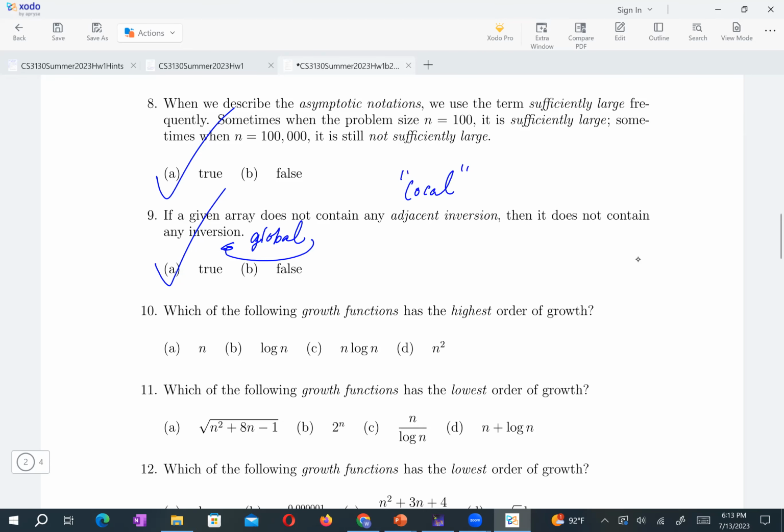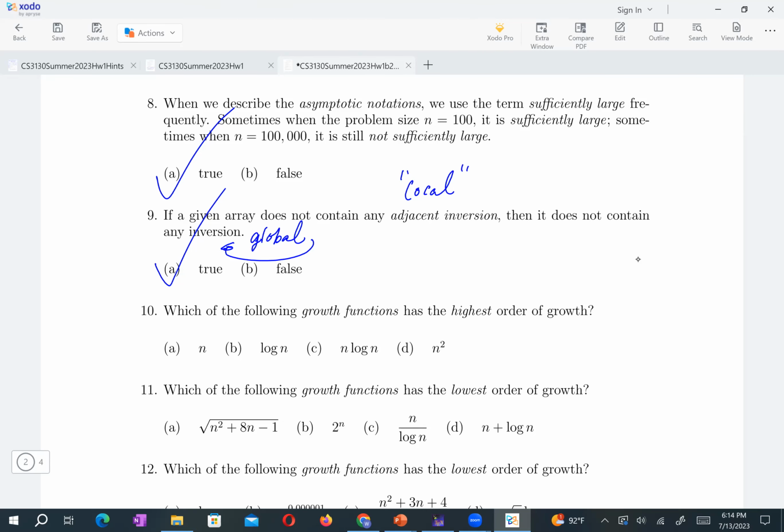So the question is, given an array with no local inversion, how can you derive there is no global inversion? This statement tells us no local inversion implies no global inversion, right?